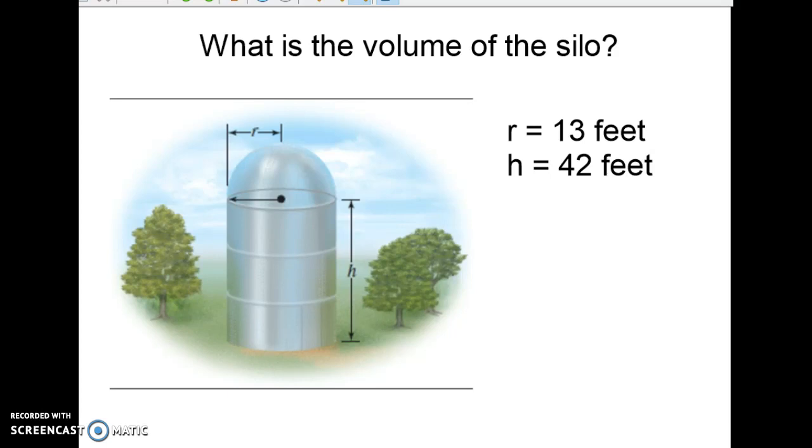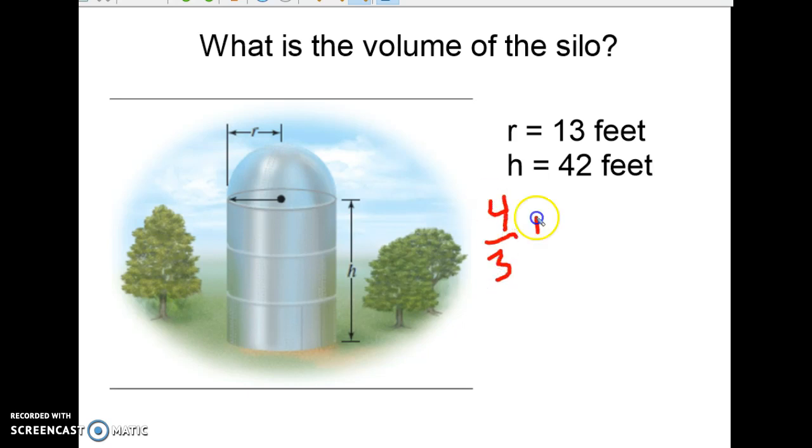Now we're going to take it one step further. So I have this silo, okay? I have a silo which is partially a cylinder and partially a hemisphere. What we need to do is figure out what is the volume of the entire object. So we have to find the volume of the cylinder and we have to find the volume of the hemisphere. So let's start with the hemisphere since that's fresh.